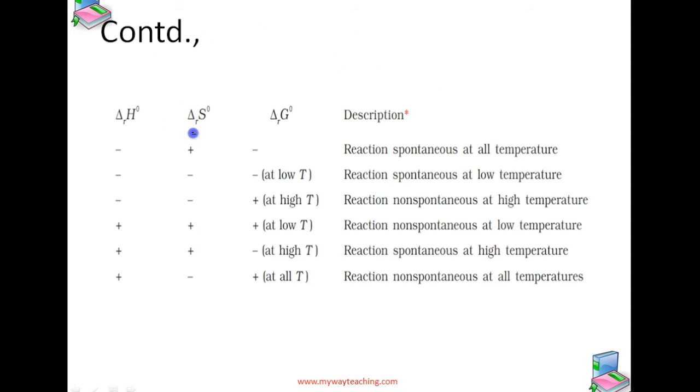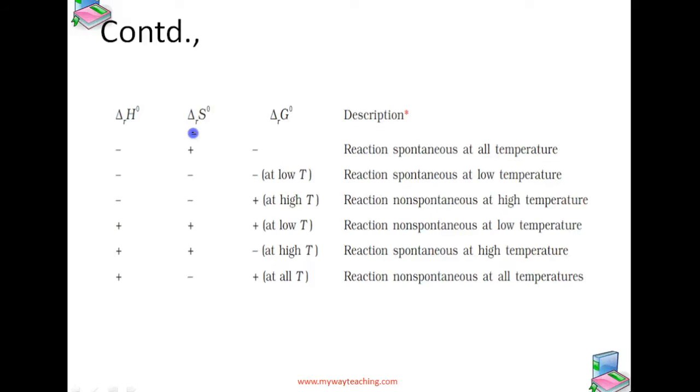Substituting the values, minus 13.6 times 10 raised to 3 joule per mole divided by 2.303 times 8.314 joule per Kelvin per mole times 298 Kelvin, which gives 2.38. Hence K is equal to antilog 2.38, which is 2.4 times 10 raised to 2.